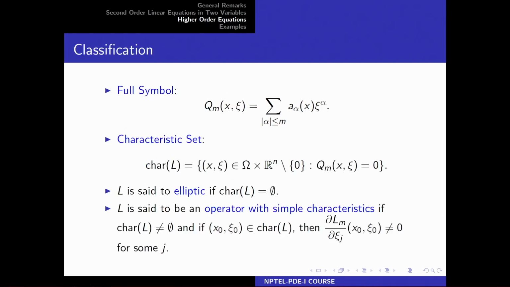So, you remove that trivial root and consider this characteristic set where that polynomial equals 0. You can also define this for each x, and then take the union over x varying over omega. So, the important thing is that xi should not be 0, because xi equal to 0 is always in the set. So, you take only non-zero xi.